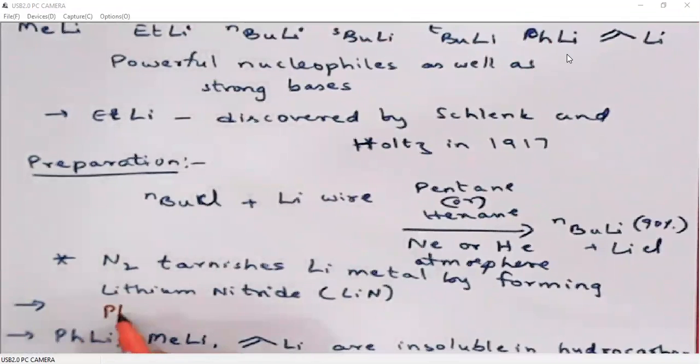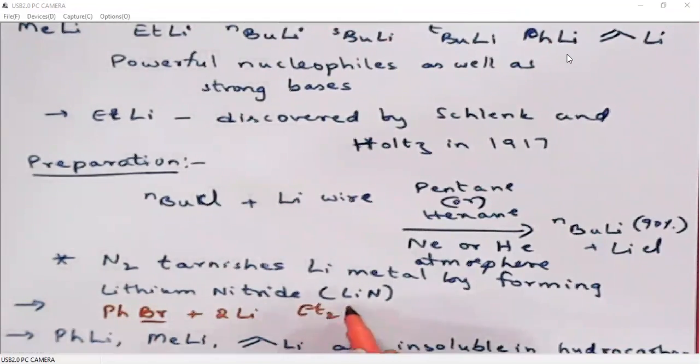Generally, whenever we want to prepare alkyl lithium reagents, bromine is the best halogen. When bromine is there, alkyl lithium reagents can be easily prepared. When we want phenyl lithium, take bromobenzene and add lithium metal.